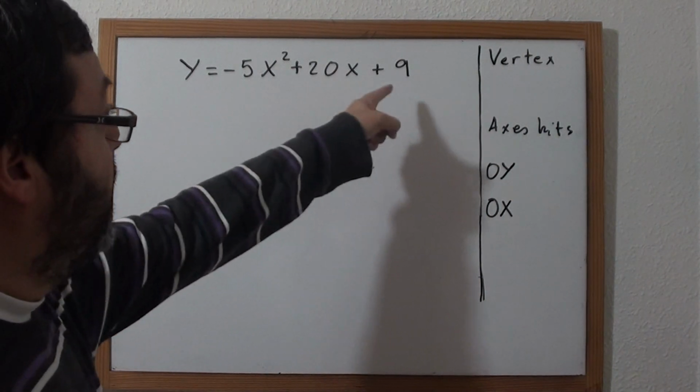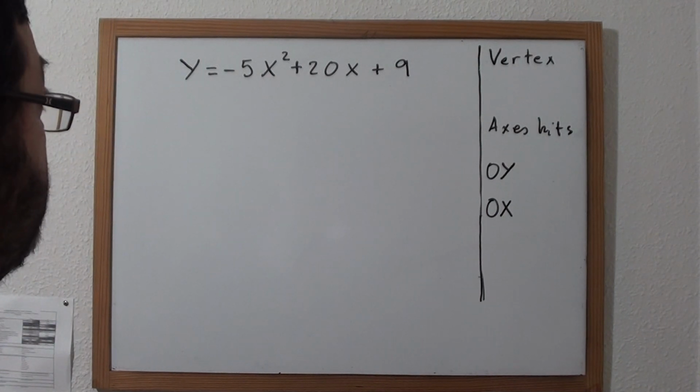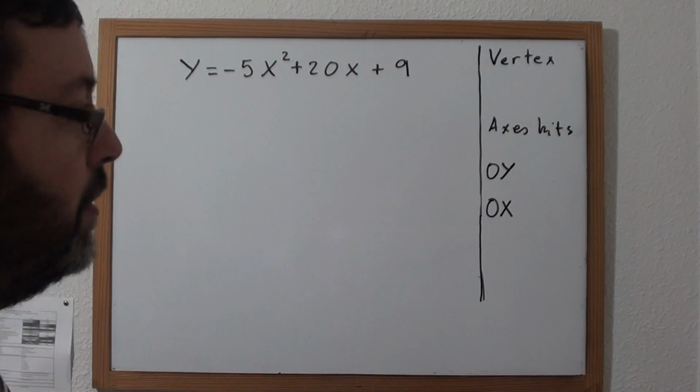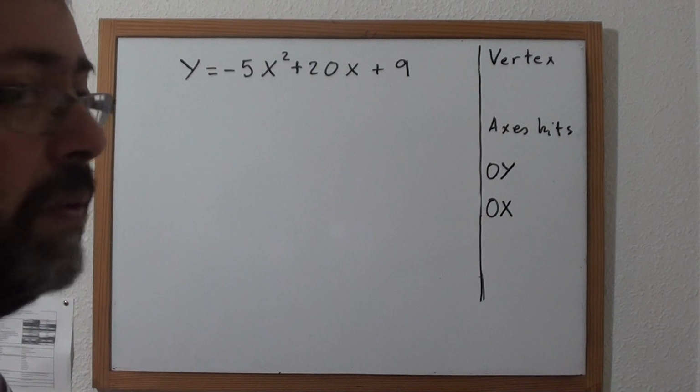Imagine that this is a function that describes the movement of a rubber bullet that has been shot from the top of a building. Okay?